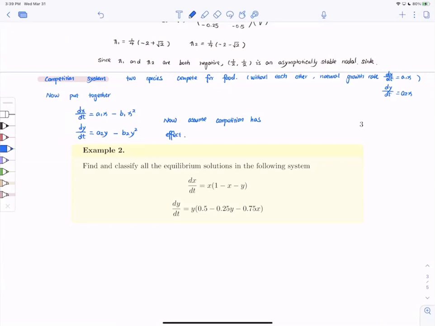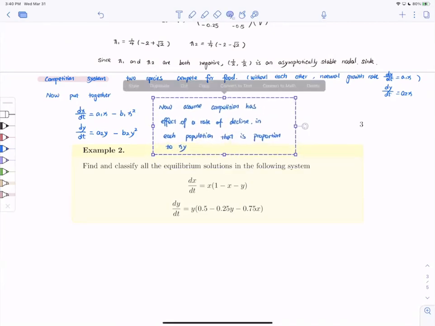We assume that the competition has an effect on the rate of decline, and this rate is proportional to their product, xy. So now they have interaction.